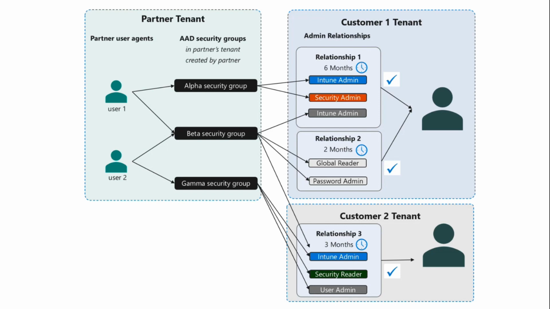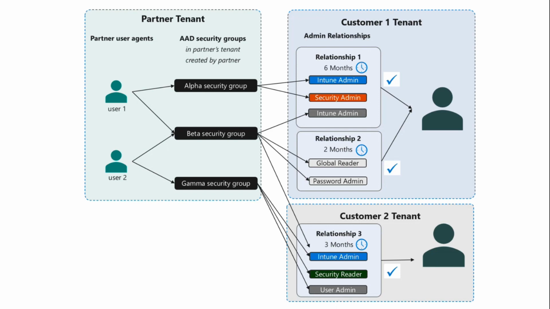So this is available. And the difference between B2B and GDAP is that with B2B, the user exists on the customer tenant as a guest. With GDAP, the user does not exist. They still have access, and there's still a record of them signing in through the sign-in logs, but it isn't an actual identity that exists in the customer tenant.